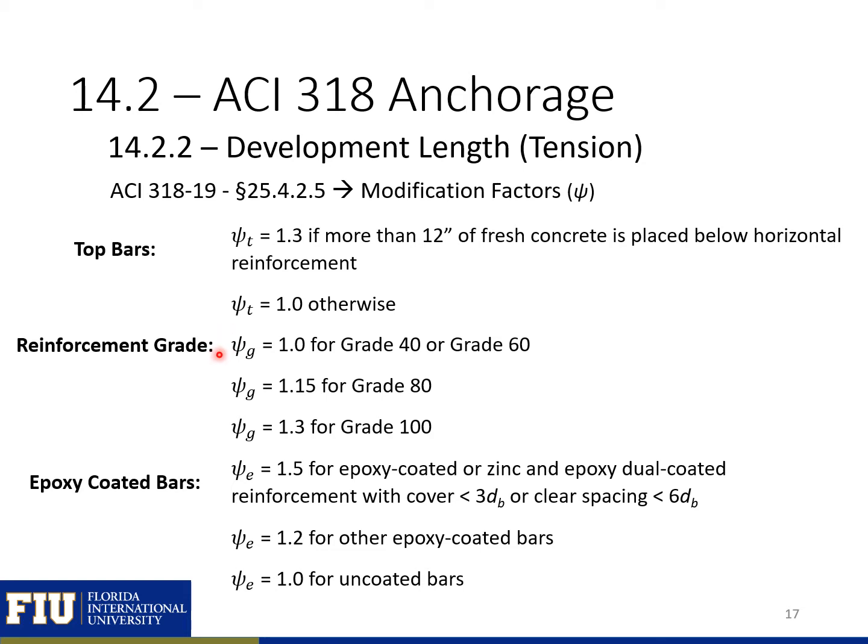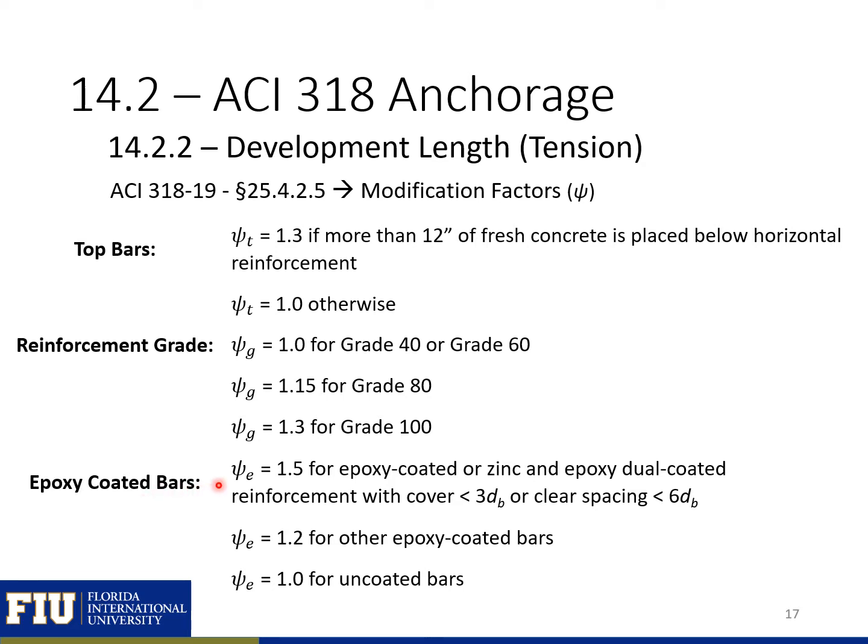The next factor takes into account the reinforcement grade. Typically right now we'll use grade 60 reinforcement, so this psi factor will be equal to 1. But if you have higher grade steel, then you need to increase this reinforcement grade factor. The last factor shown on this slide is the epoxy coated bar factor.